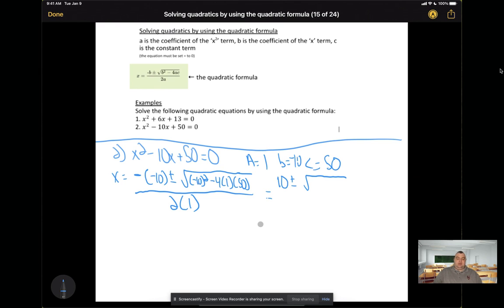Negative 10 squared is negative 10 times negative 10, so that's going to be positive 100. Negative 4 times 1 times 50, that's going to be a negative 200 divided by 2. Let's keep going. So we have 10 plus and minus the square root. 100 minus 200 is negative 100.